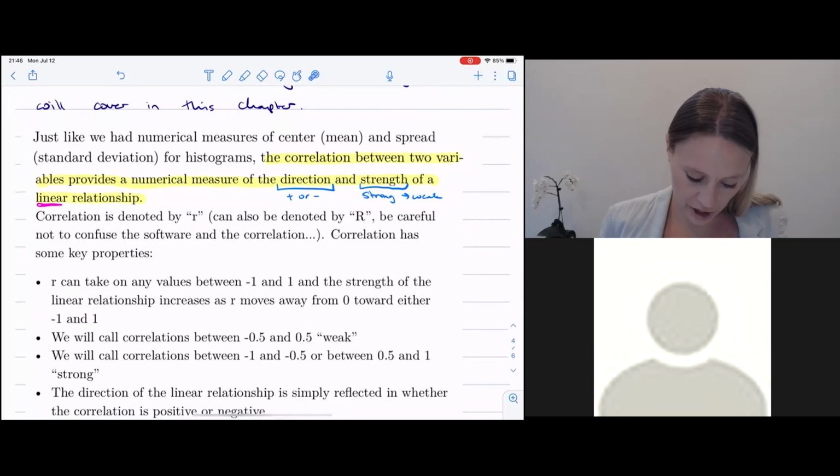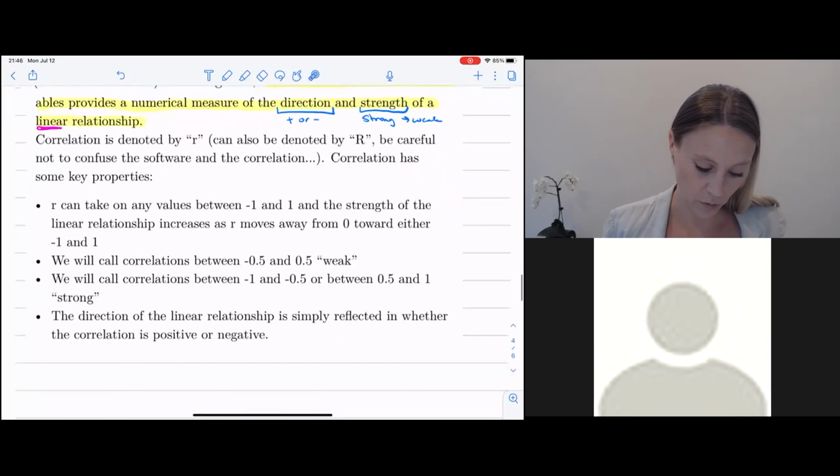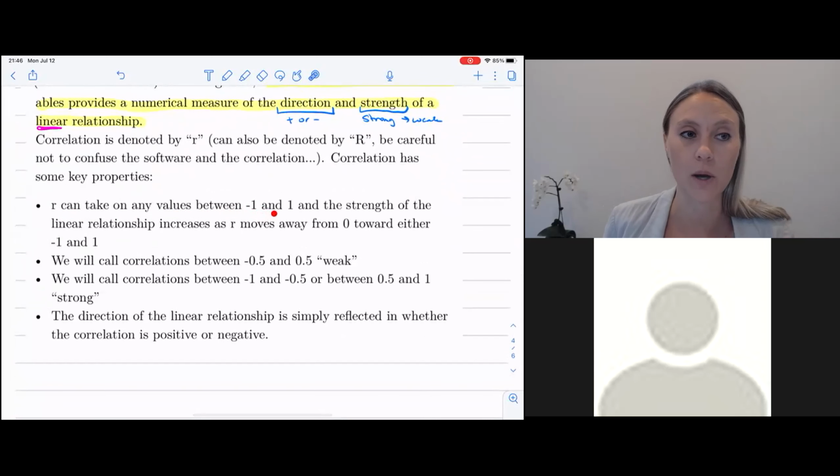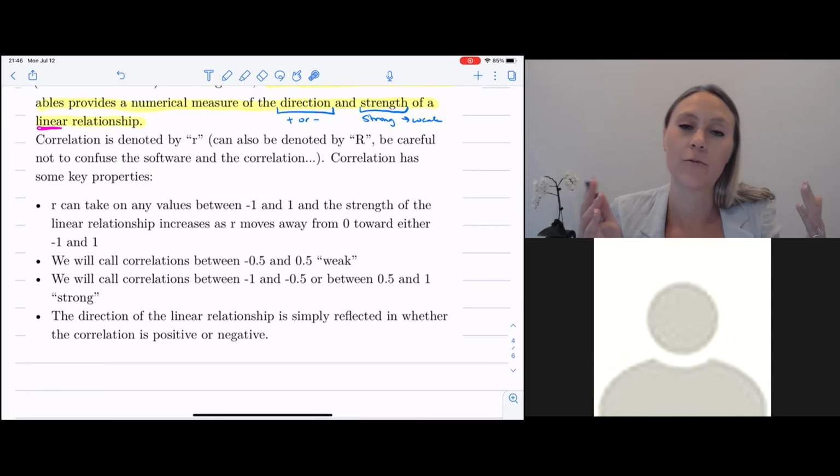Correlation has some key properties that we need to remember. r can take on any values between -1 and +1. The strength of the linear relationship increases as r moves away from 0 towards either -1 or +1.